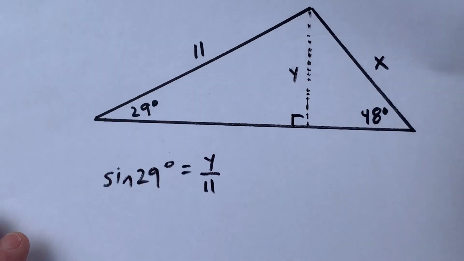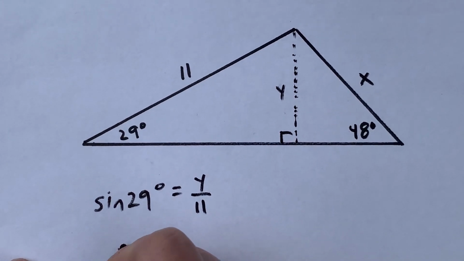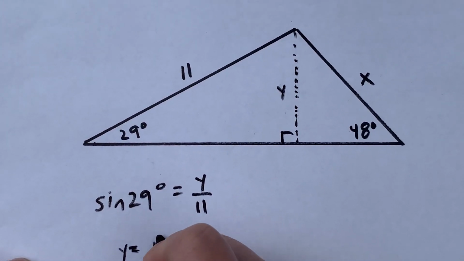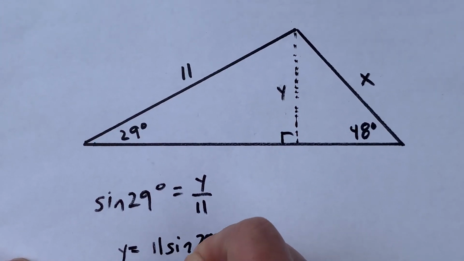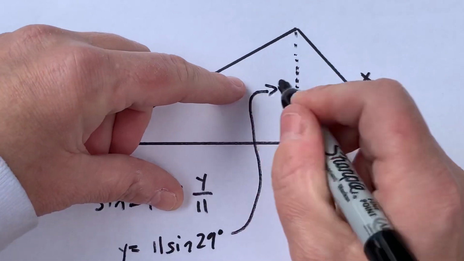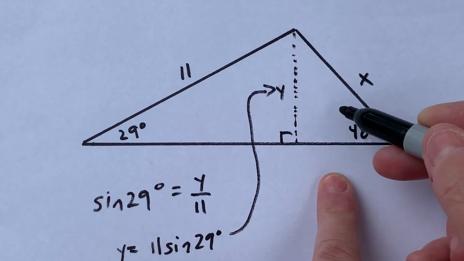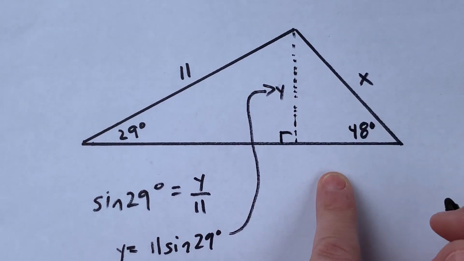Solve that for y by multiplying both sides by 11. So y is equal to 11 sine 29. Okay, so that's that value right there. Now I can look at this right triangle. I've got an angle, an opposite side. I'm looking for the hypotenuse.